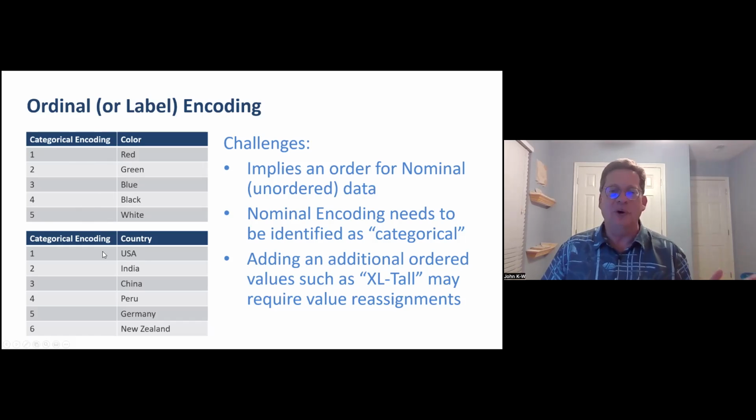You could be saying USA is number 1 or USA is less than New Zealand. So you want to be very cautious about using label encoding because it could be implying that ordered size. There are some workarounds for that. If you're working with some of the tree-based algorithms, you can say this column is a categorical column, so don't treat it as a numeric value, treat it as a category. But again, it still becomes confusing, and if you forget to set that, you can end up with trouble with your algorithm.